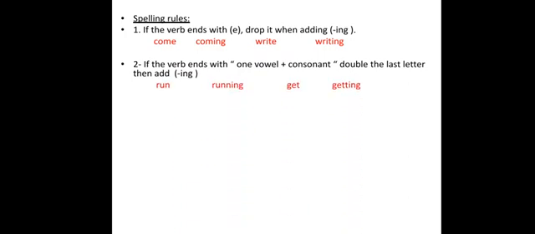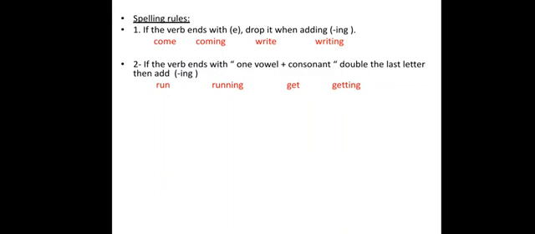Let's see some examples. The verb run. It has N consonant and there is a vowel before it, so we need to double the letter N and add ing. The same for get.